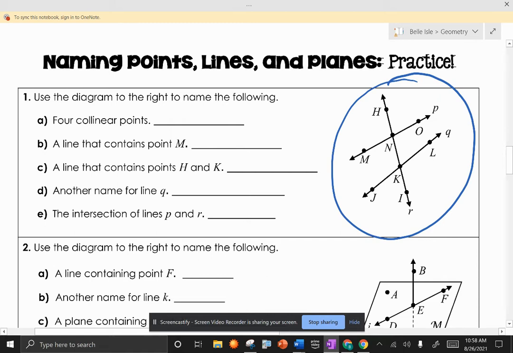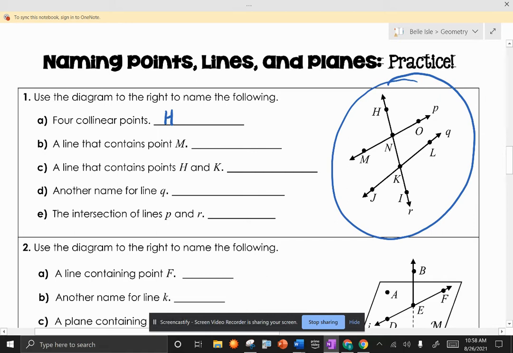Okay, 4 collinear points. Collinear means they are what? Yep, on the same line. H-N-K-I. That's an I. Now, this kind of goes back to Owen's question about the order. If I'm going to name 4 collinear points, list them in order.